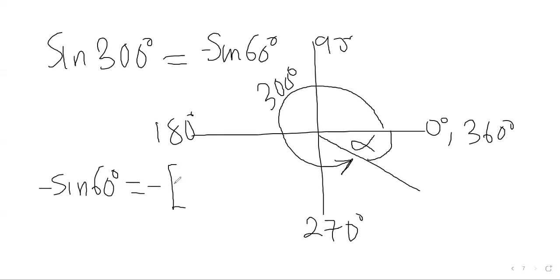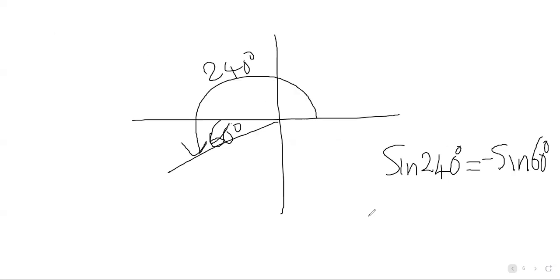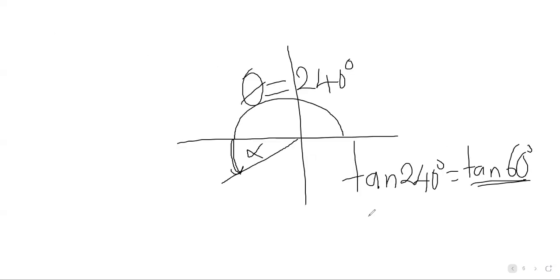Sine 60 is equal to root 3 divided by 2. Therefore, the value of sine 300 degrees is equal to negative root 3 over 2. So just first of all, express them to the corresponding acute angle.